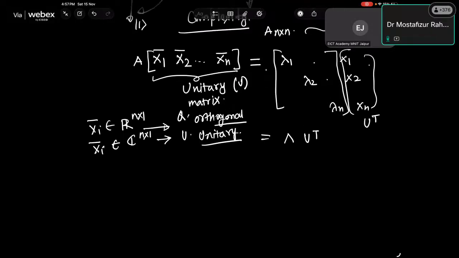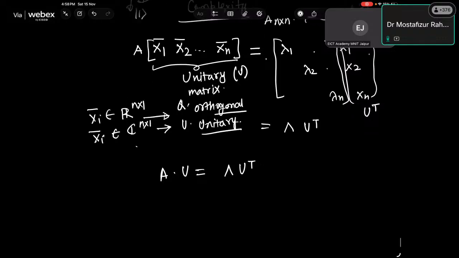Now you can pre-multiply with u transpose. So the left hand side I can write this way: a times this u equals lambda times u star.